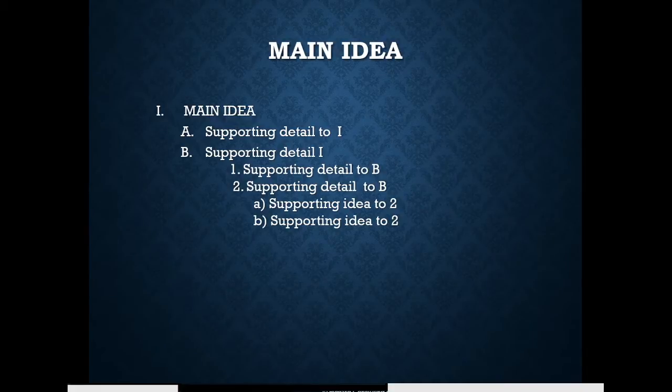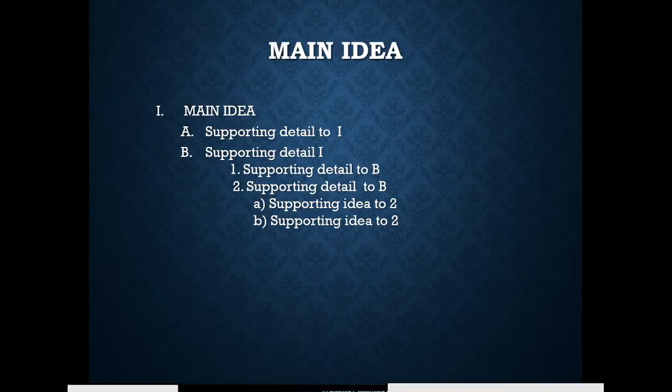Do you remember when we discussed writing sentences last week, that sometimes you might have to add a little bit more detail to that sentence so it can be comprehensive, so you can give a full picture of what you're trying to say? And this is how you break it down. If you have supporting detail A, supporting detail B, but then you have a subset, which is 1 and 2 for supporting detail B, and you have a subset A and B for sub-supporting detail number 2.